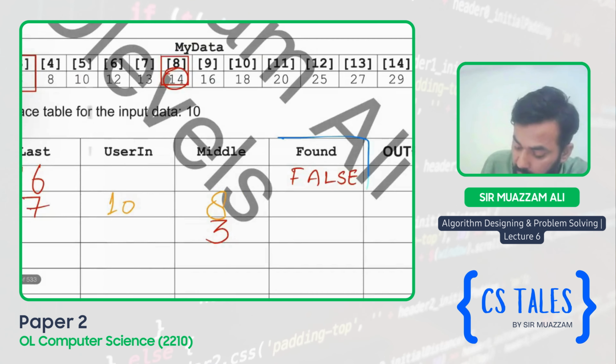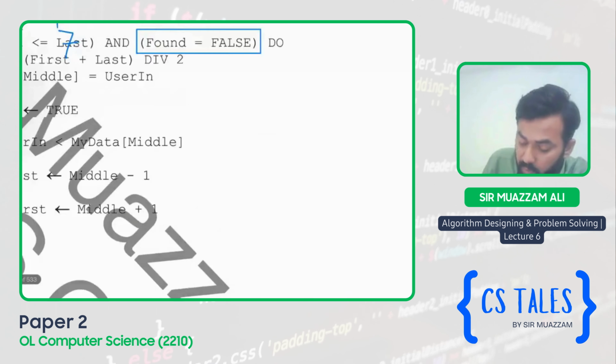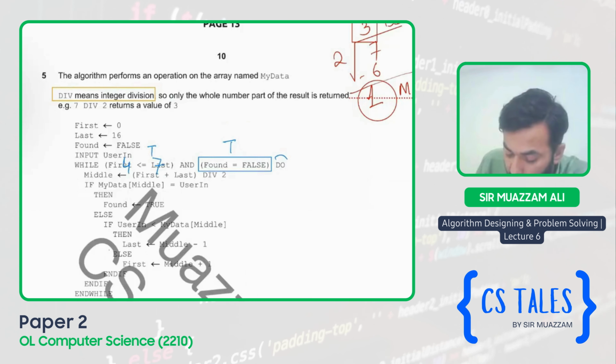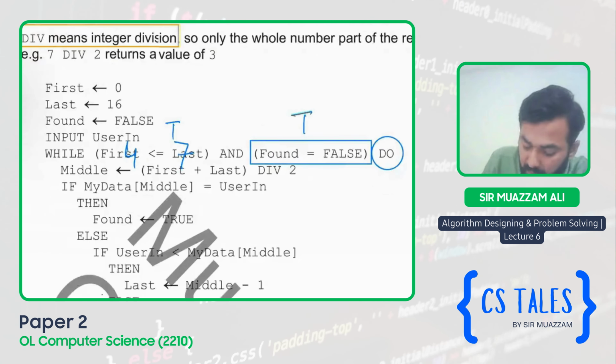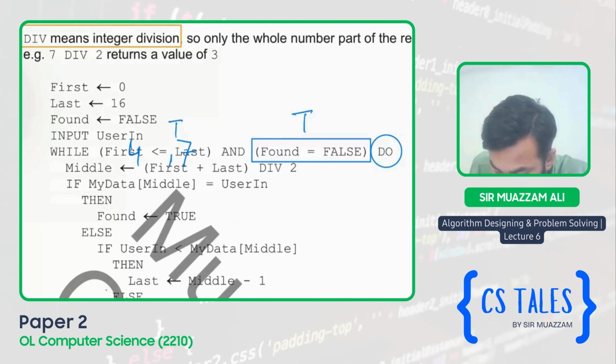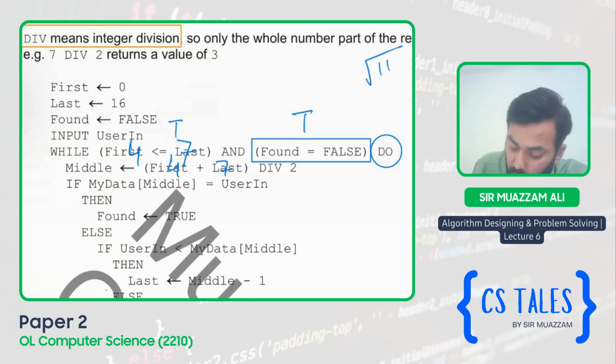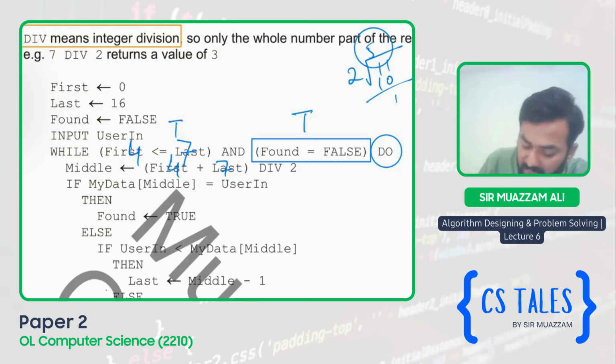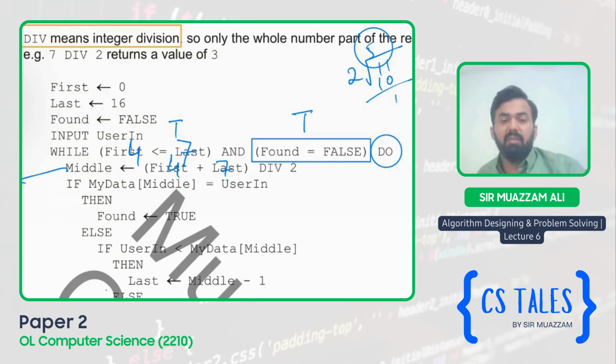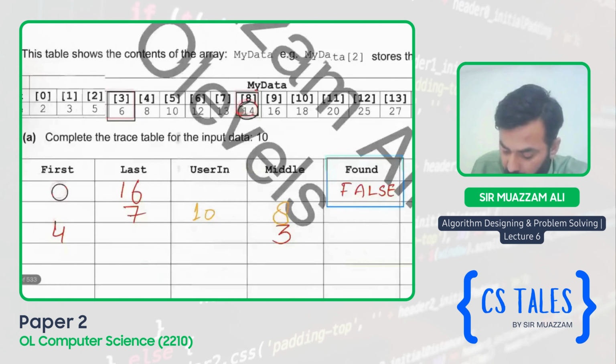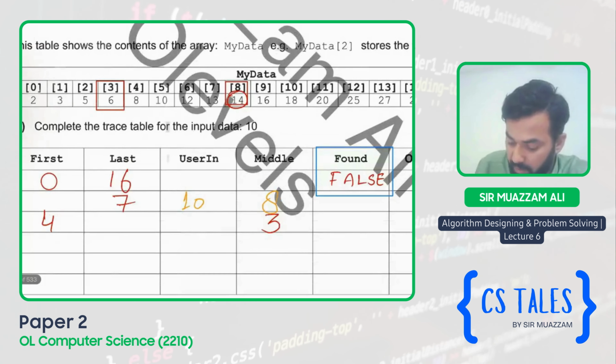Yes, found is equal to false. So this is also true, which means go to do. Go in the middle and check first 4 plus 7, which becomes 11. 11 divided by 2: 2 fives are 10, remainder 1. So what you will save in the middle is 5. After 3, you will save in the middle 5.